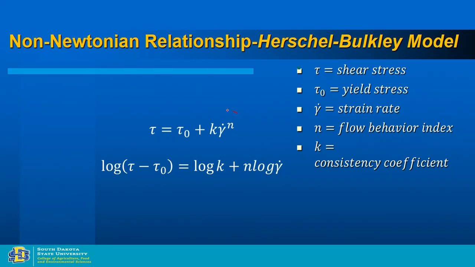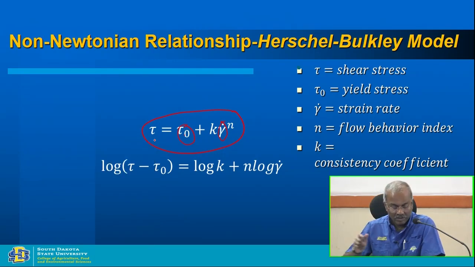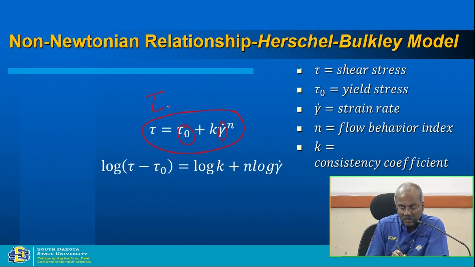The main model equation is shear stress equals initial shear stress plus K times shear rate to the power N. If you rearrange this equation, tau minus tau 0 is equal to K times gamma dot to the power N. Everybody follow that?